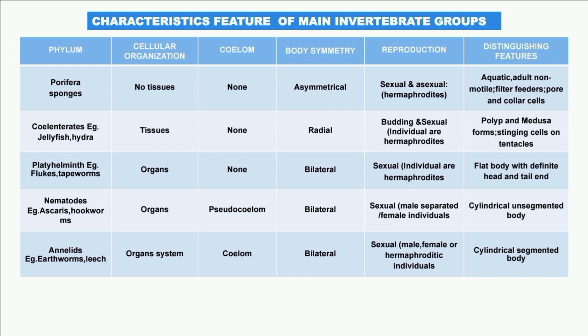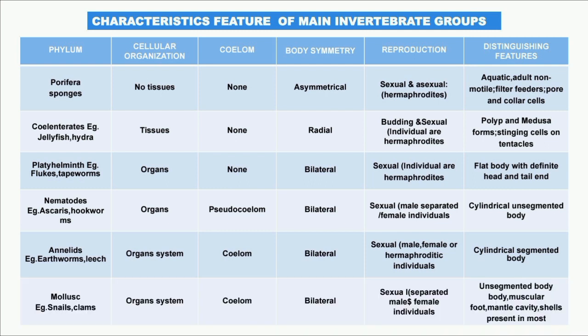The next one we will talk about is mollusks. I think this is the last invertebrate we're going to talk about here. Examples are snails and clams. Cellular organization: they exhibit organ systems. Body cavity: they have a true coelom. Body symmetry: bilaterally symmetrical body.